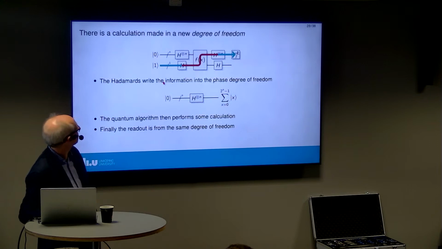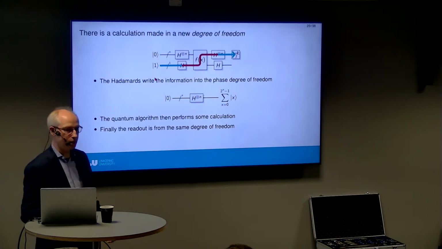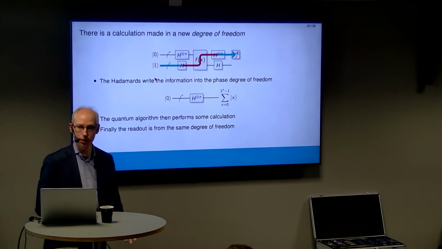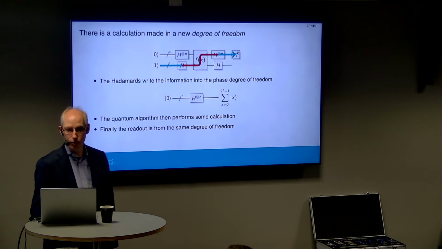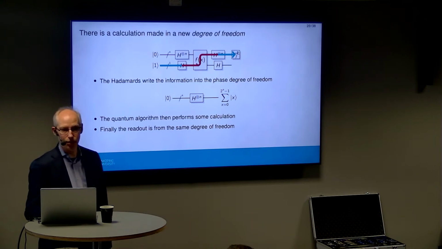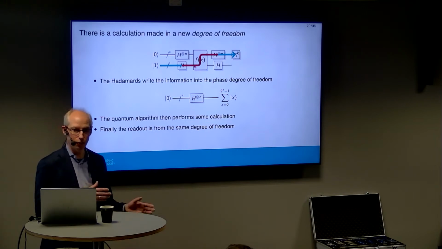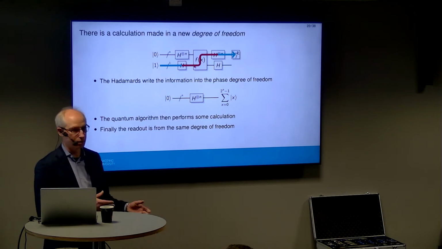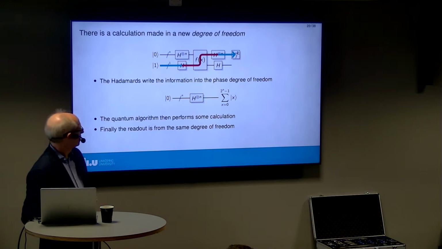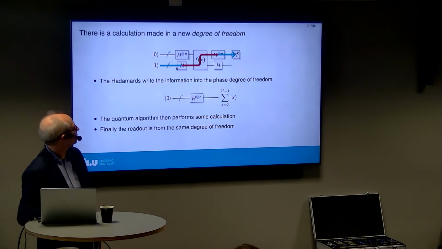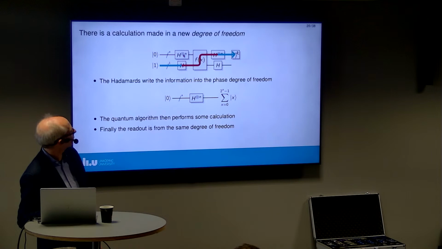So what I would say is that there's a calculation made in this phase degree of freedom. Your quantum computer realizes this computation, and that's what gives you the structural information that you want to extract from the function. The Hadamard write this information into the phase degree of freedom.